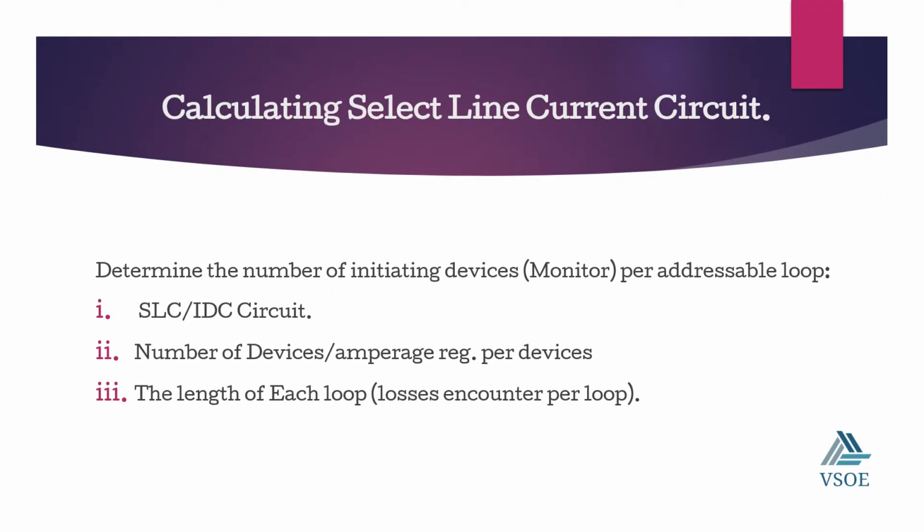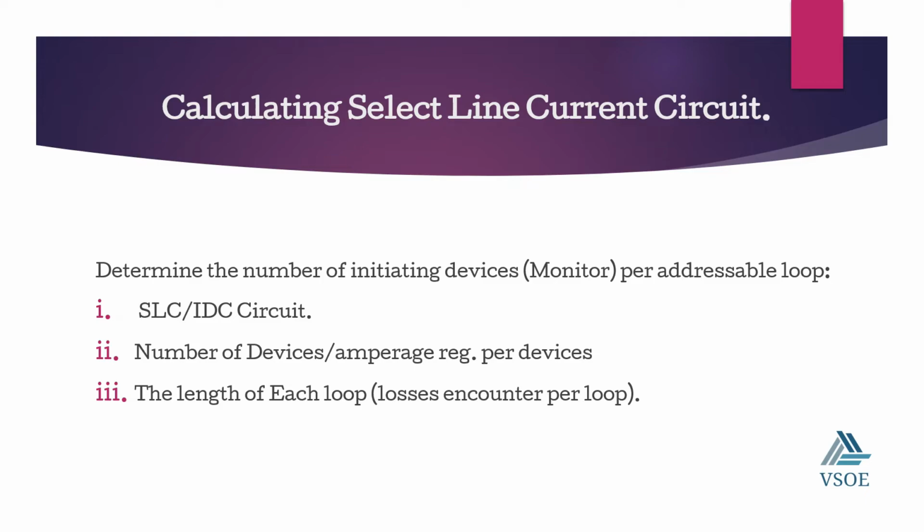Right, so when it comes to the select line current, that is the circuit that allows the input of all the initiating devices, right? So the select line current is the amount of current that is used up by the initiating devices, and that is based upon the number of devices, all right?